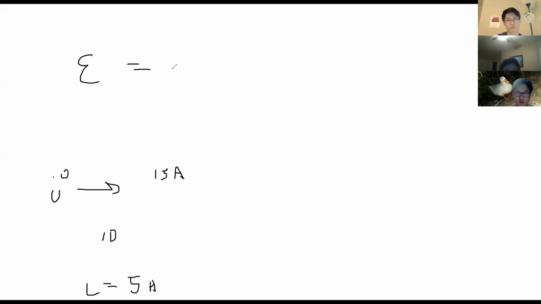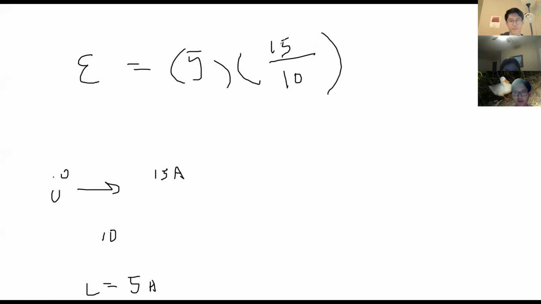What you'll do is 5 times the change in current divided by the change in time. Does that make sense? Because the equation is L dI/dt. Okay, let's move on.